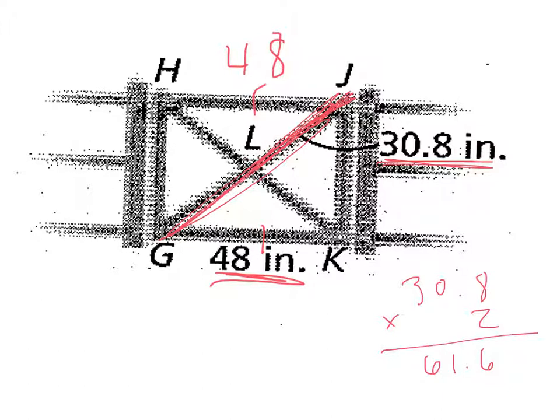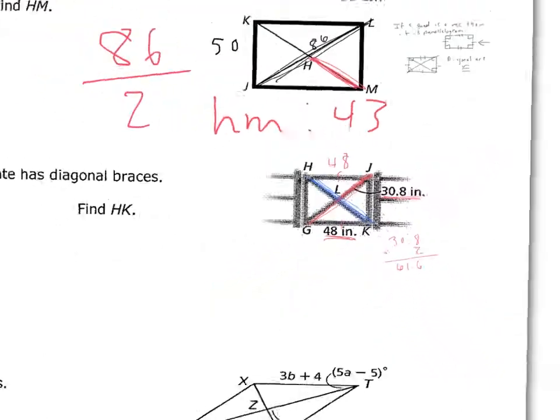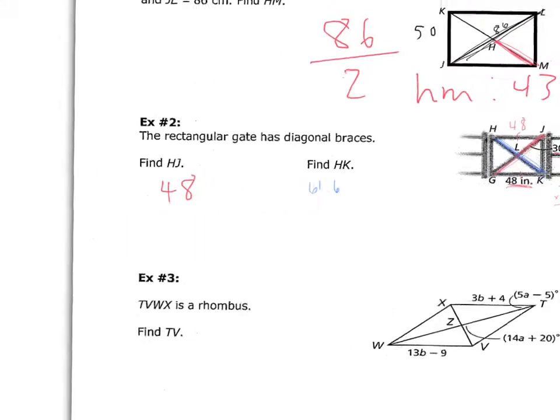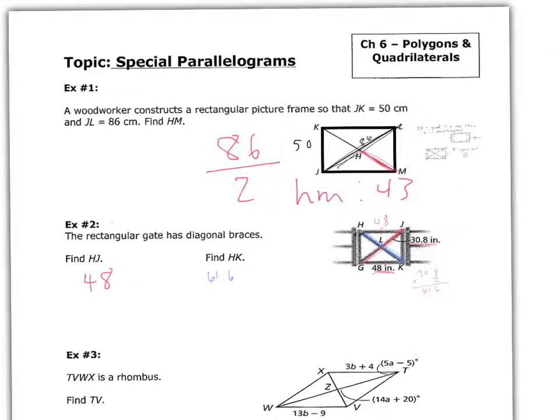And now since we know that diagonals are congruent, we also know that HK would be 61.6. Okay, so those are your properties on rectangles.